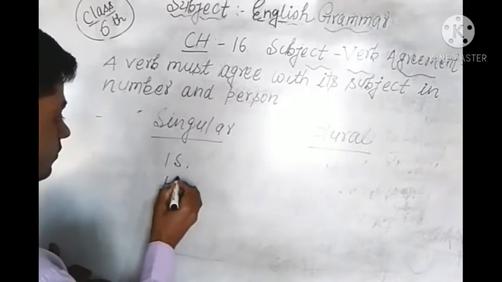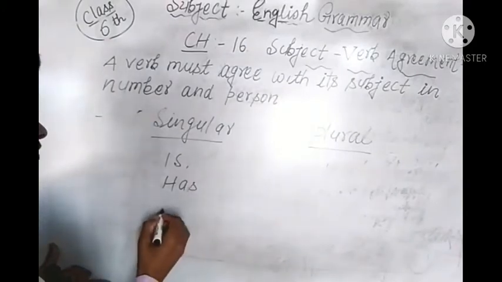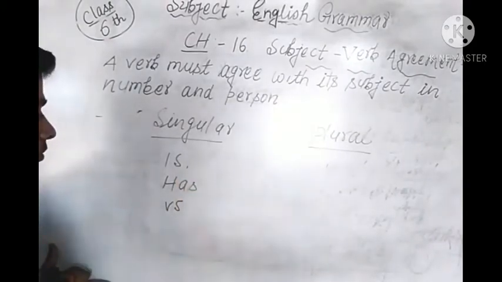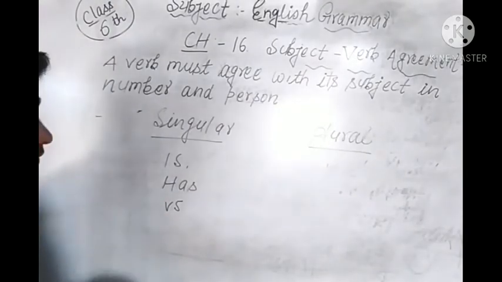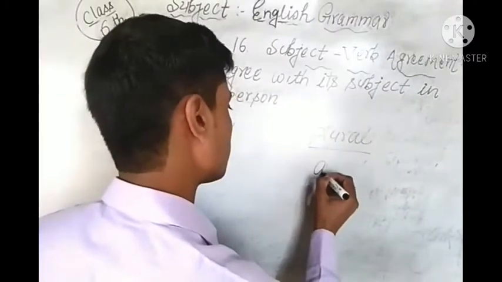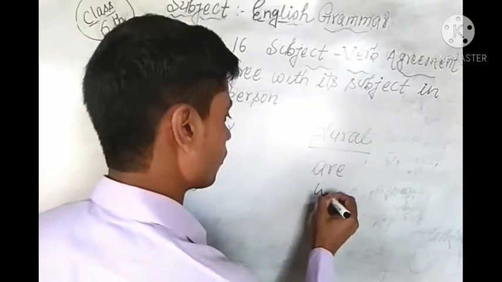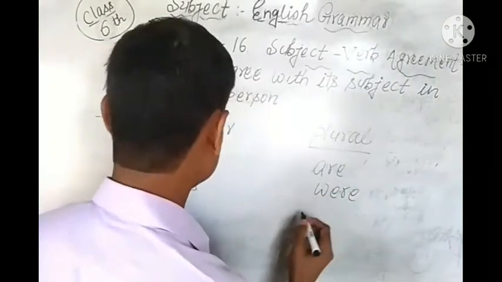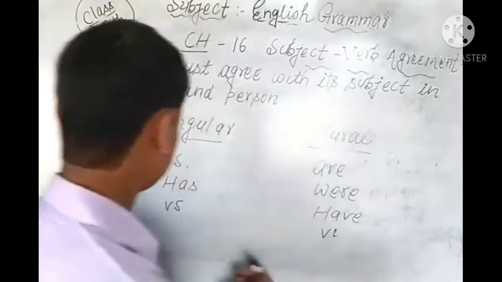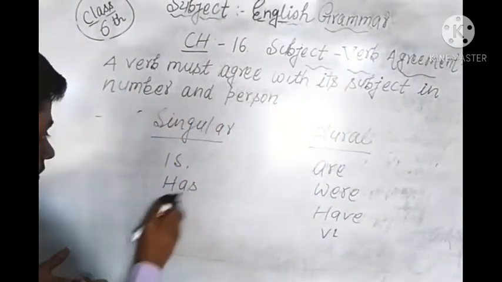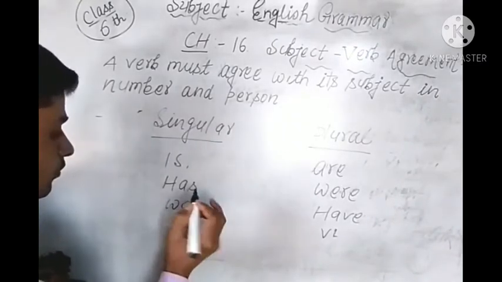First of all, according to present tense, singular: is, has, verb 5. Is, has, verb 5. Now here plural: are, were, have, V1. Here past tense: was, and then V5.